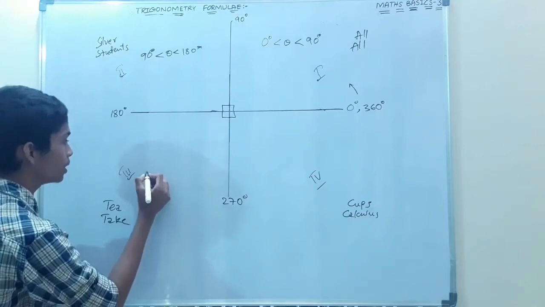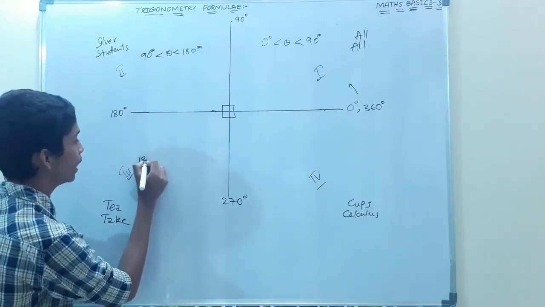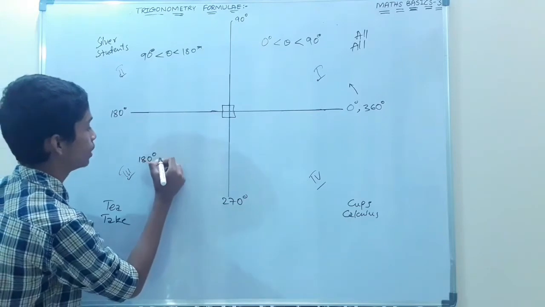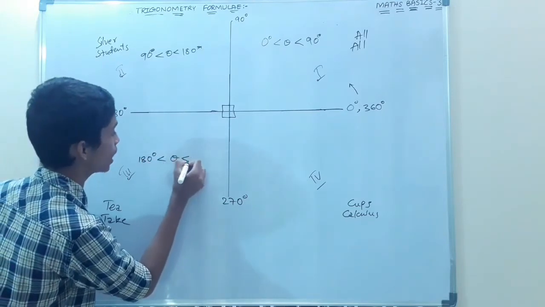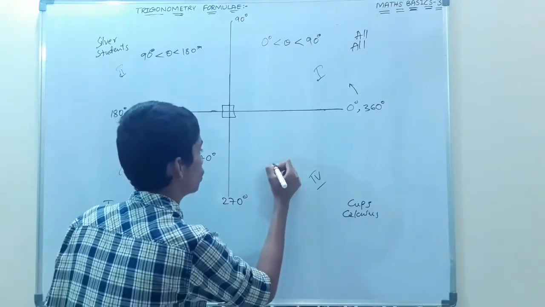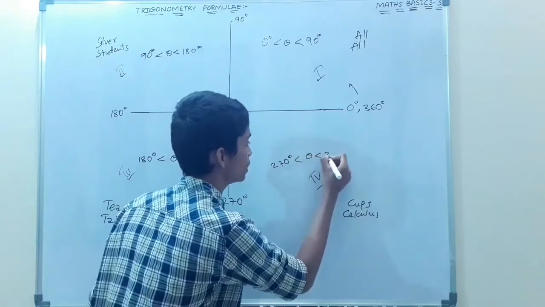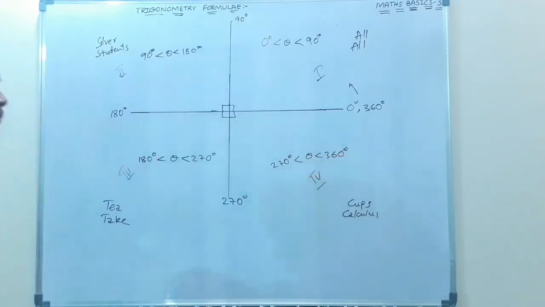And next one is the angle is less than 270 and greater than 180, so 180 degrees less than theta less than 270 degrees. And here also we have 270 degrees less than theta less than 360 degrees.